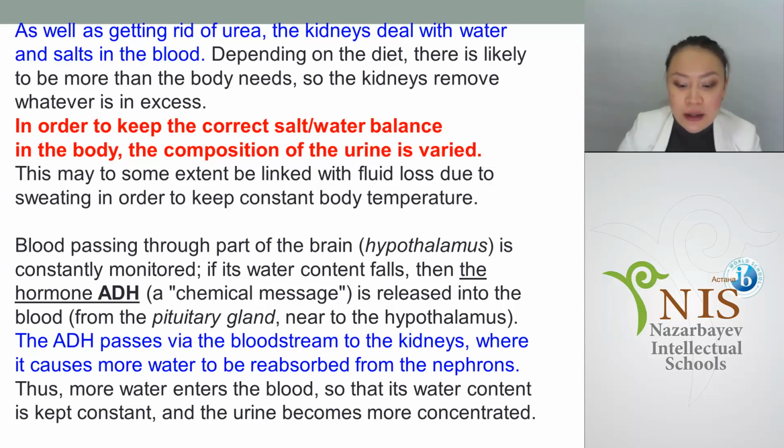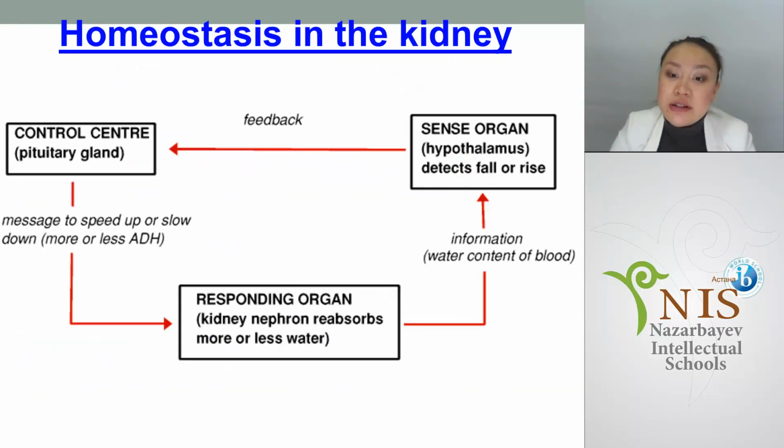ADH, this hormone controls homeostasis in the kidney. Okay, homeostasis in the kidney. First one, sense organ. Information, for example, the water content of blood, goes into the sense organ.